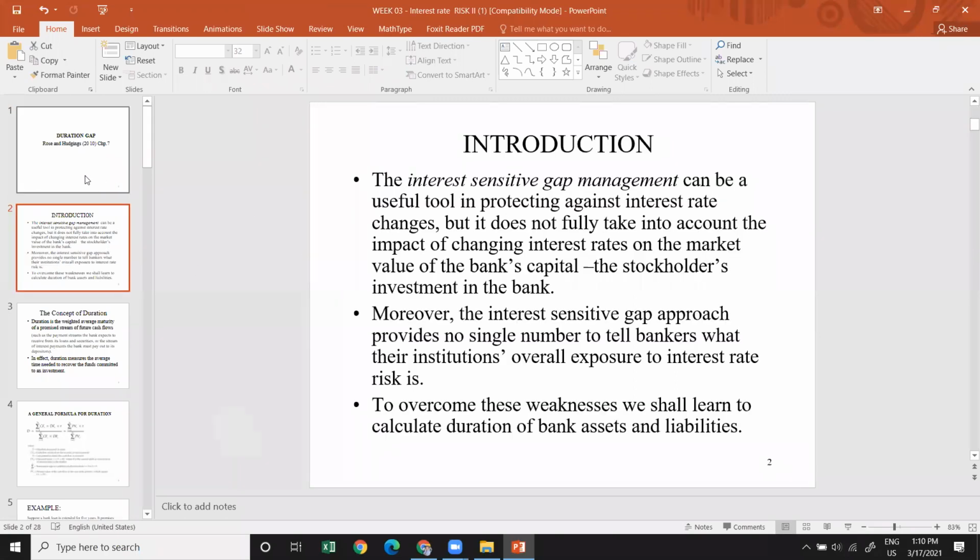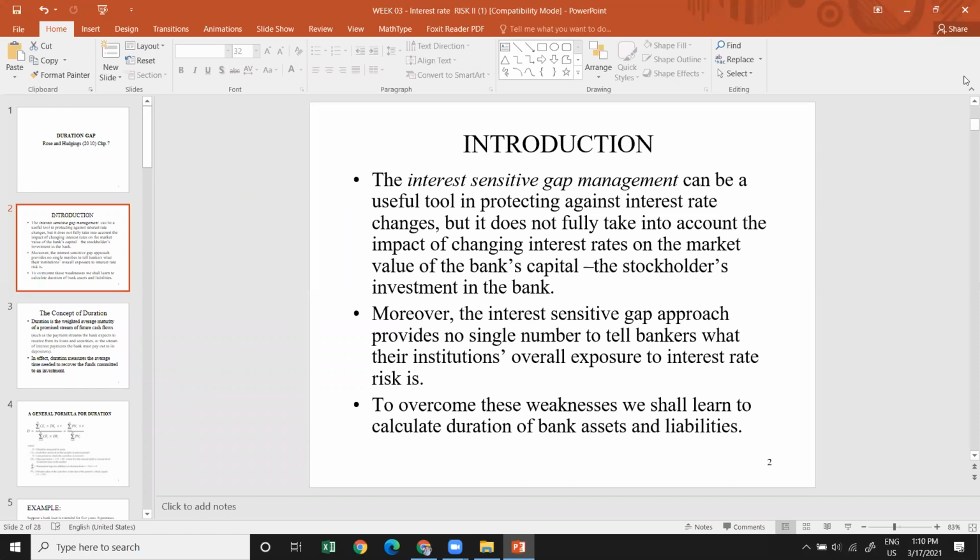Okay. Today we're going to go with the duration gap. Talking about interest rate sensitivity gap management, which is considered a useful tool in protecting against interest rate changes, it does not fully take into account the impact of changes in the interest rate on the market value of the bank's capital, which is stockholders' investment in the bank.